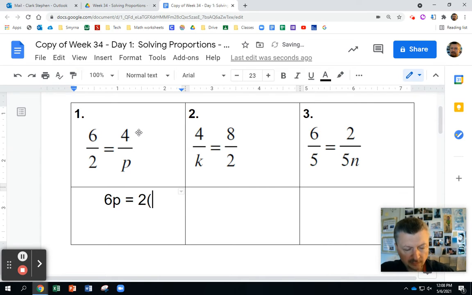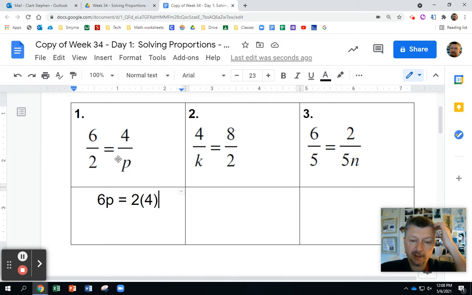I write 2 times 4; I couldn't just put an 8 there, but I'm showing you every step, right? 6 times P is 6P. That's how to write it in math. You don't know what P is, so 6 times P is 6P, and 2 times 4 is, of course, going to be 8.